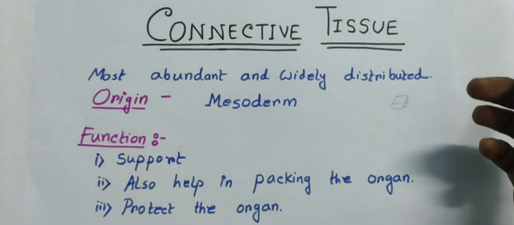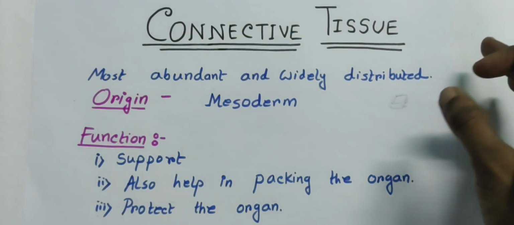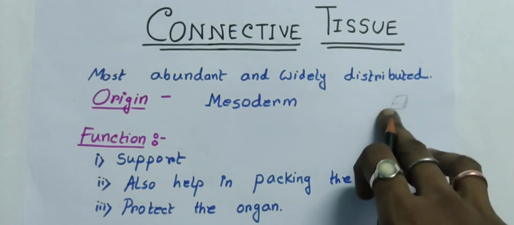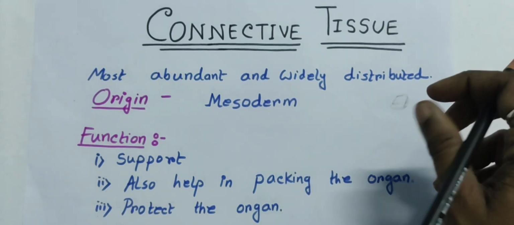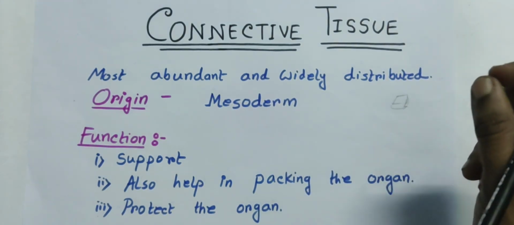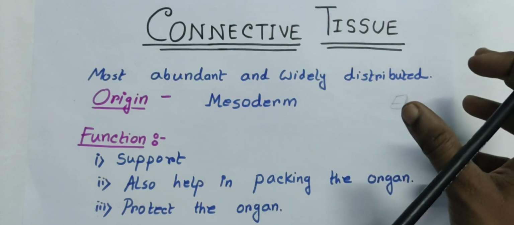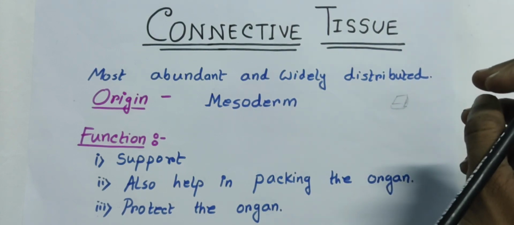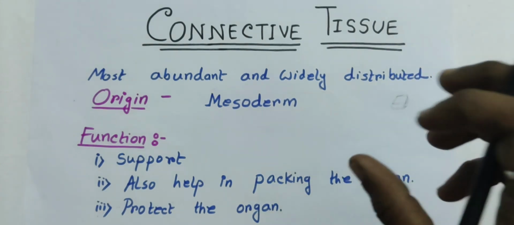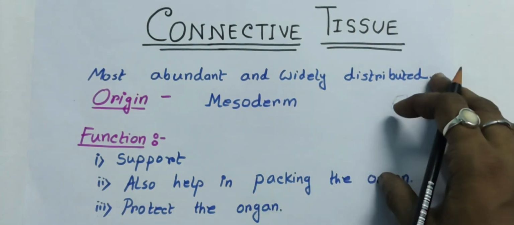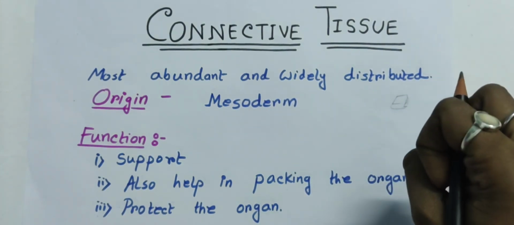The building will collapse because of the lack of cementing material. So the cement plays a very important role for the strength of a building, and there are also some rods. Here connective tissue is actually playing the role of the cement and rod.